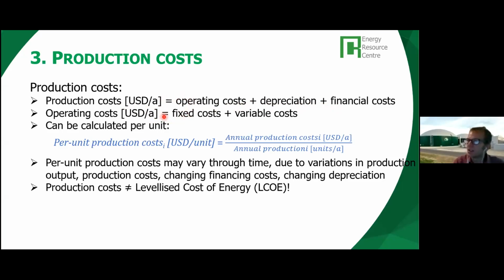These are the cost amounts per year, and then you can calculate them as a per unit cost in a particular year: the total annual production cost divided by the annual production, and then you get your per unit cost.